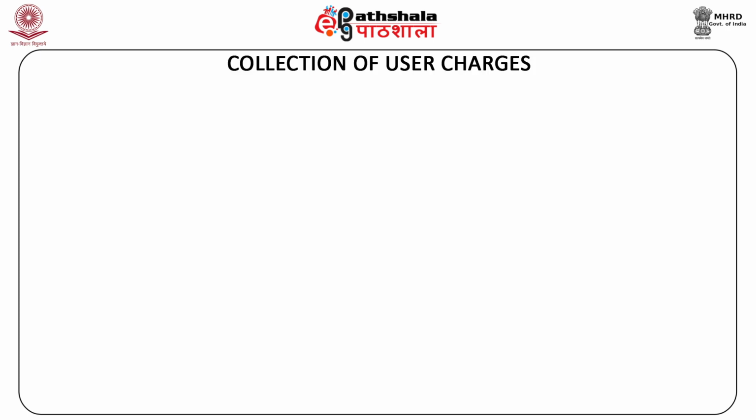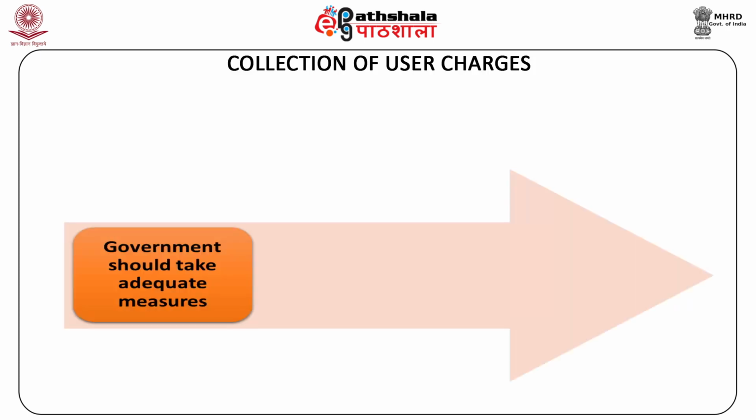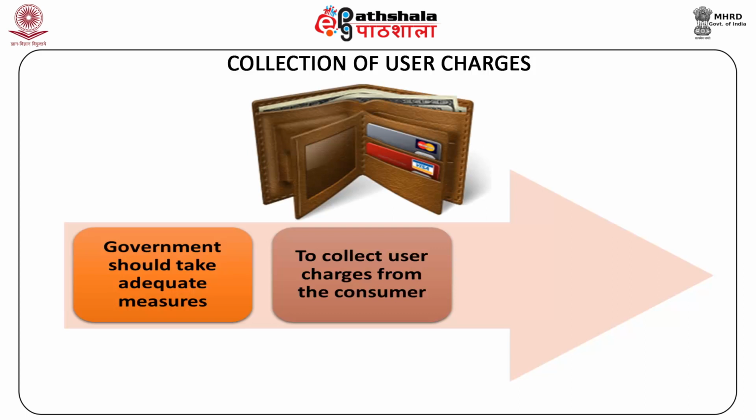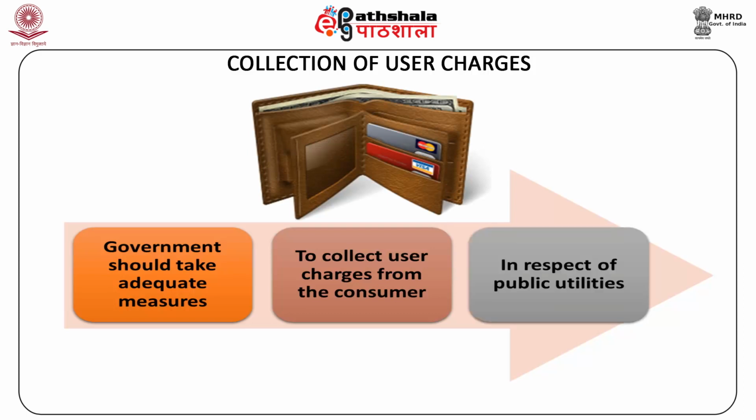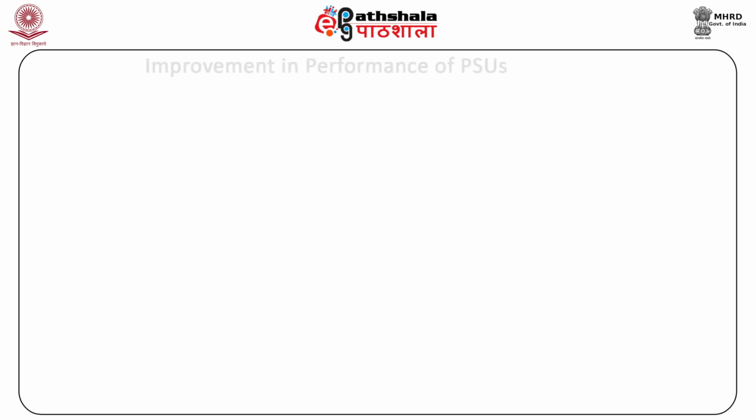Raising government funds. Collection of user charges. The government should take adequate measures to collect user charges from the consumer in respect of public utilities like water supply, electricity, irrigation, transport, etc. Improvement in the performance of PSUs. Due to poor performance of PSUs, the government loses a good amount of revenue by way of dividends.